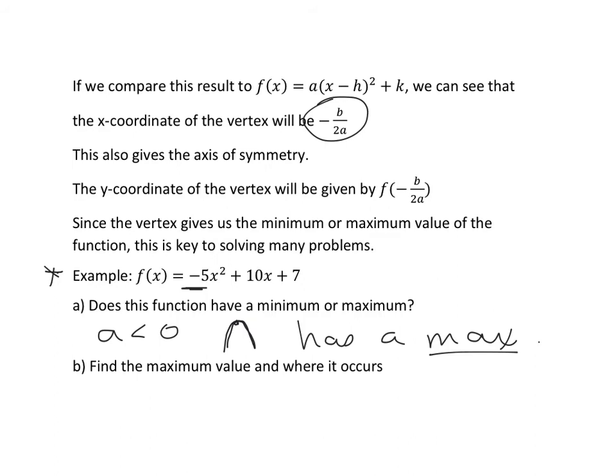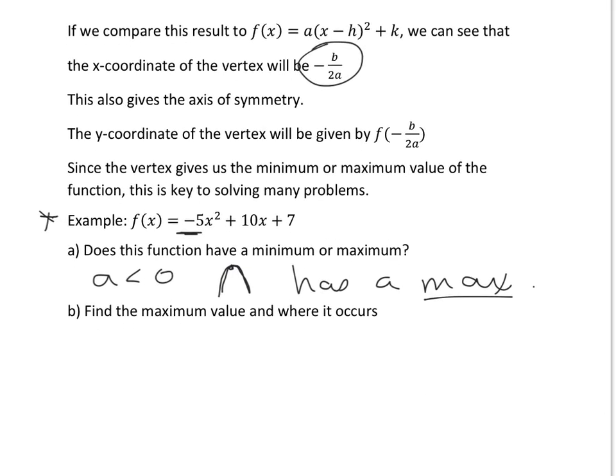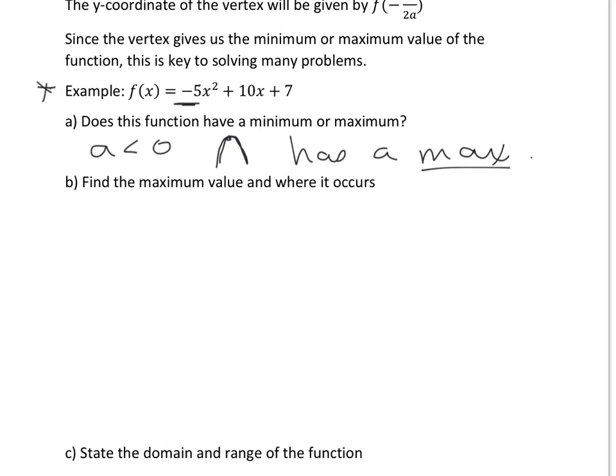So now let's find the maximum value and where it occurs. And remember, the maximum value is where the vertex is, and since we know that we can find the vertex easily using x equals negative b over 2a, we can find the vertex very quickly. So x equals negative b over 2a. So let's look at the original equation.